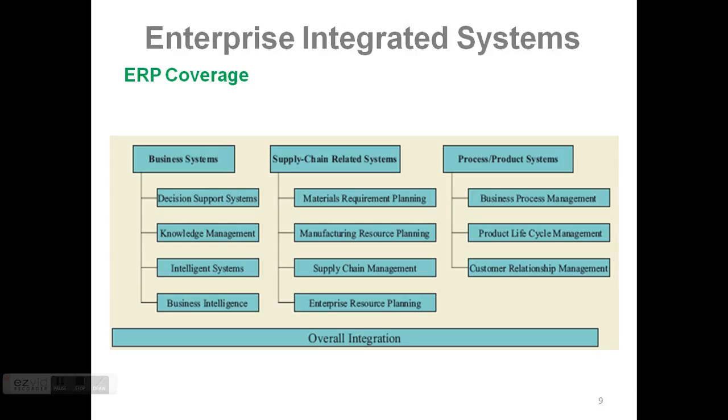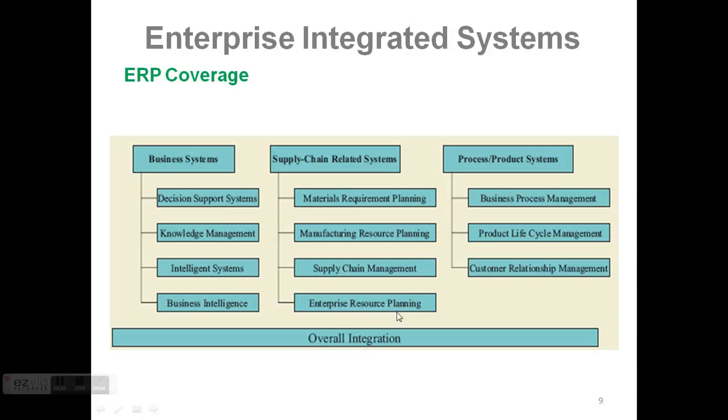In the middle management, they are working on supply chain, as it mentioned, things such as materials requirements planning, manufacturing resources, supply chain management, enterprise resource planning. The first three are mostly in manufacturing, but also include the bottom one, which is also for service industry as well.